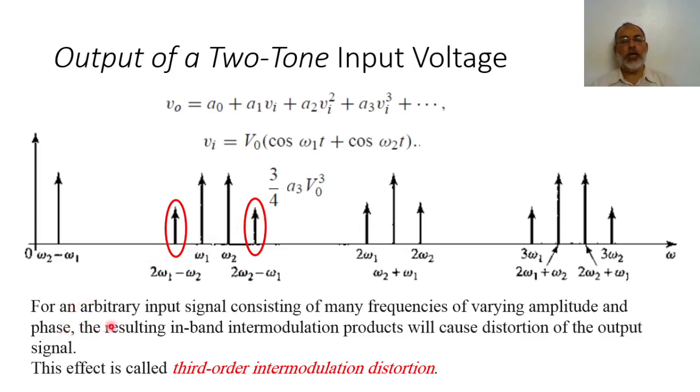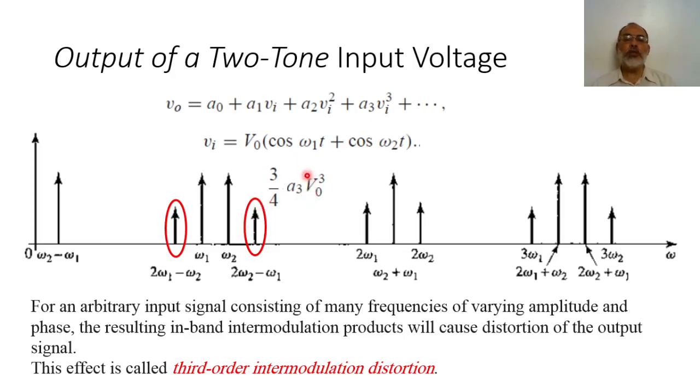So for an arbitrary signal consisting of many frequencies of varying amplitude and phase, the resulting in-band intermodulation product will cause distortion of the output signal. Effectively, this is known as the third order intermodulation distortion because it comes from the third order term.